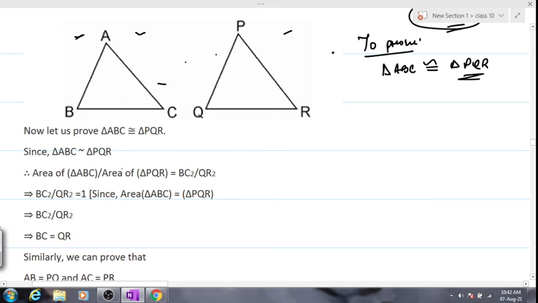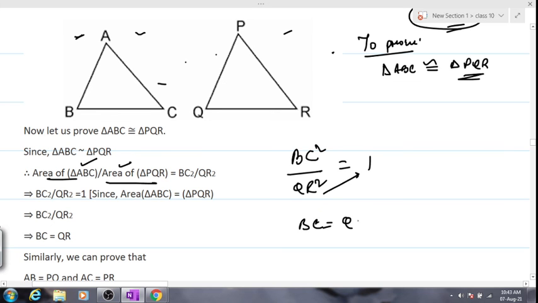And since these two triangles have equal area, BC square by QR square will be equal to 1. So obviously this will go out. So BC will be equal to QR. Agreed? This will be equation 1.